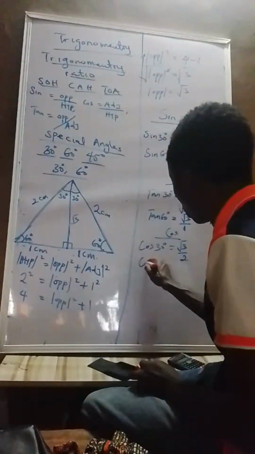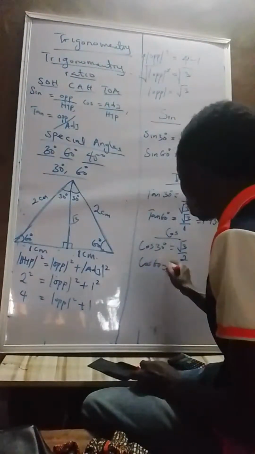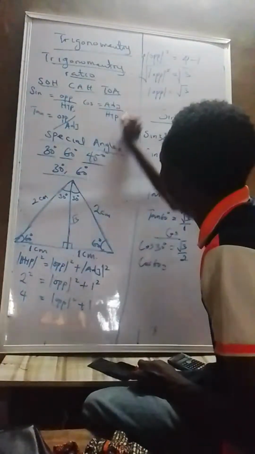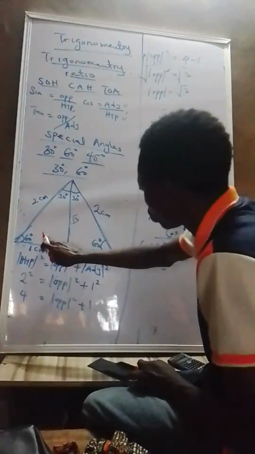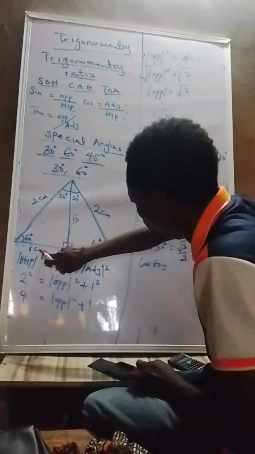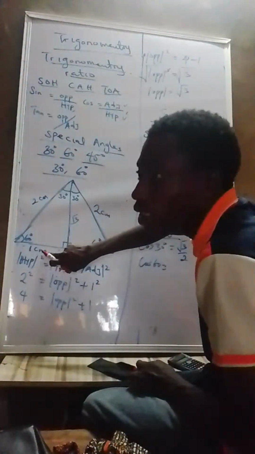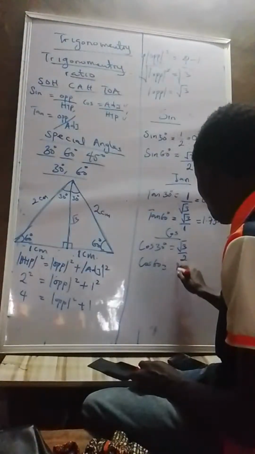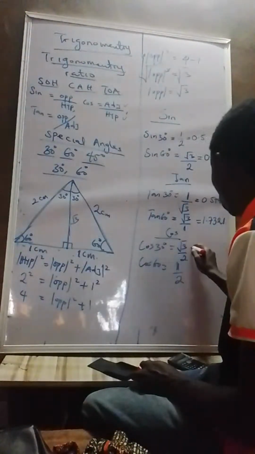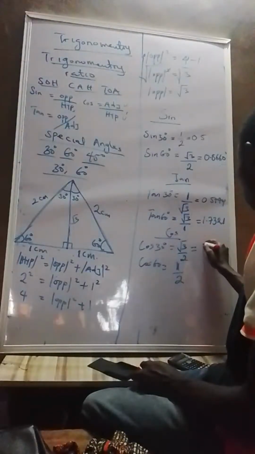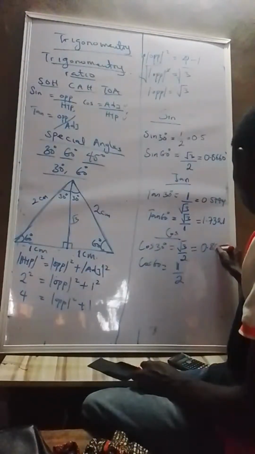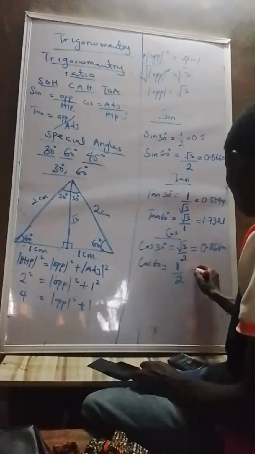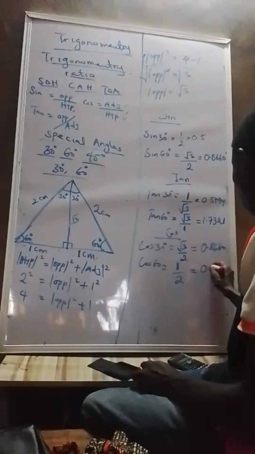Then cos 60. This is 60. And it says adjacent over hypotenuse. So the adjacent of 60 is 1. The hypotenuse is 2. That is 1 over 2. So this one is 0.8660 and this one is 0.5.